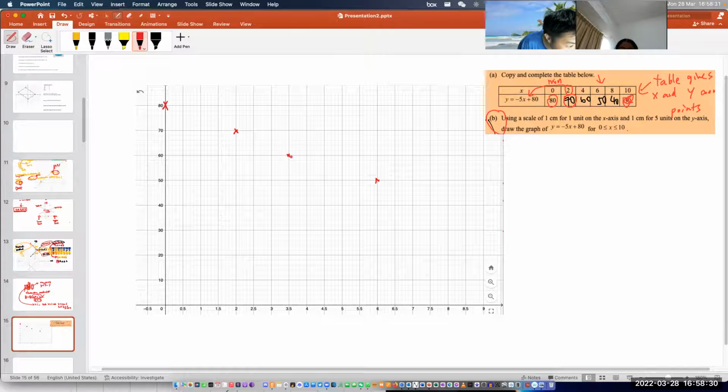Ah, this point is wrong. So it's okay, I need to be very careful. 4, 60 is here. Okay, good. So it's 8, 40. 8 is here, 40 here. And then 10. What's this? 30, right? Okay, so I need to link it up.